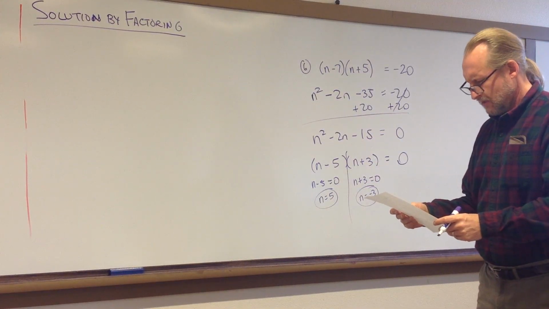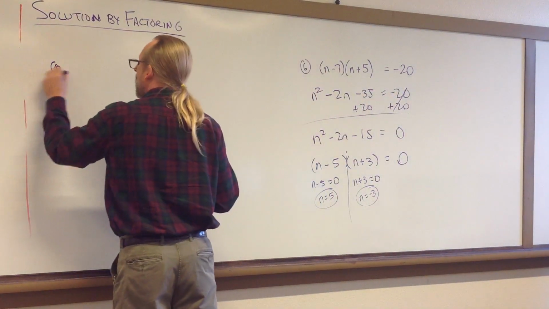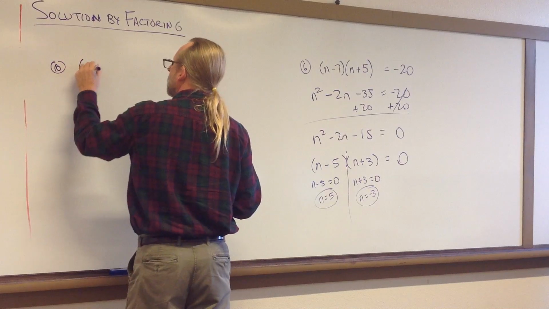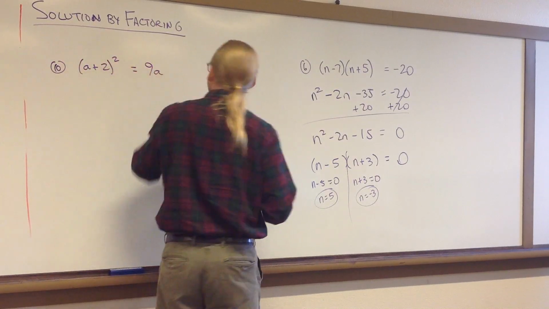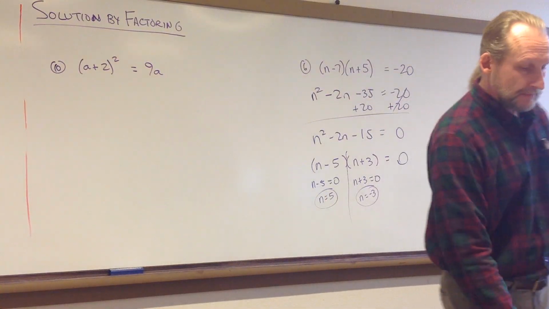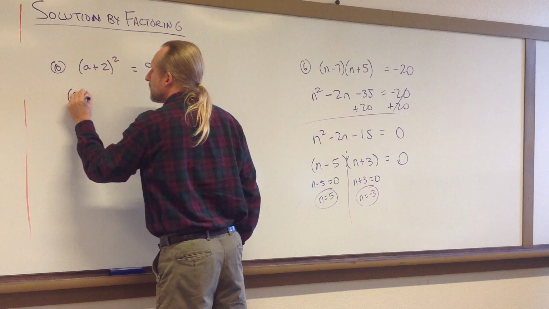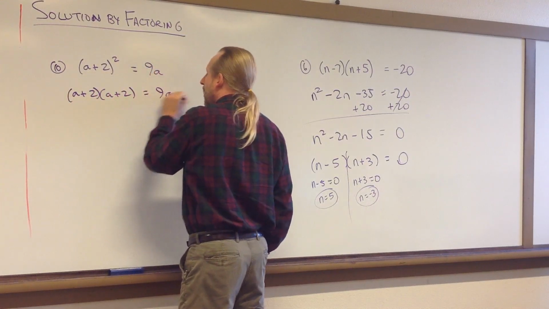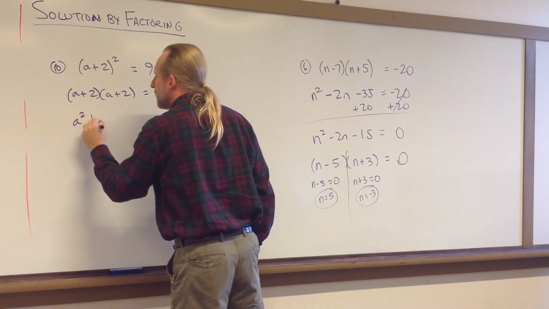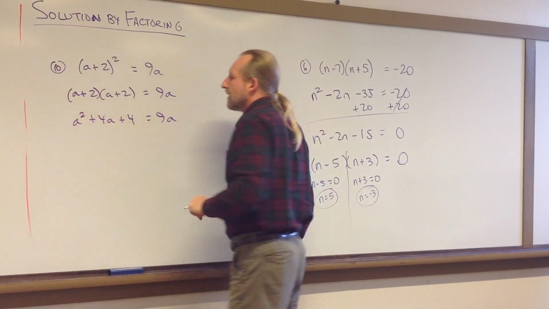All right, let's see here. Let's look at problem 10. We've got a plus 2 squared equals 9a. Okay, so squared means to multiply something by itself. Okay, so this will be a squared plus 4a plus 4 equals 9a.